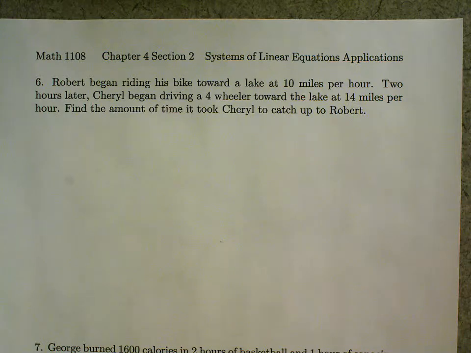So that must mean that the distance Robert traveled is the same as the distance that Cheryl traveled, because they started from the same point. Robert started earlier, but then Cheryl eventually caught up. And so at that instant, each had traveled the same number of miles.